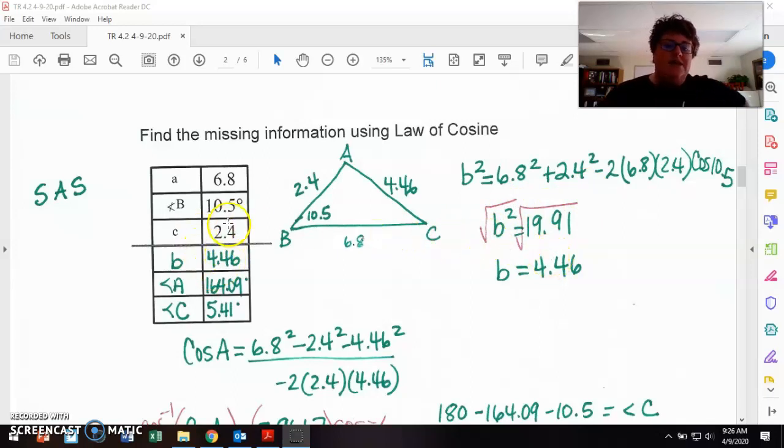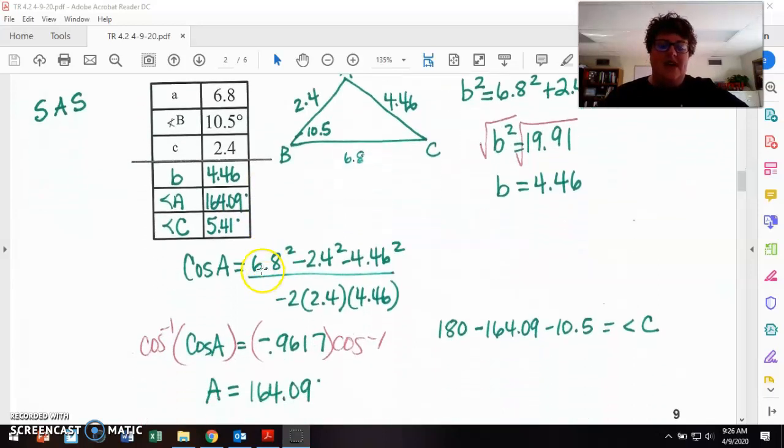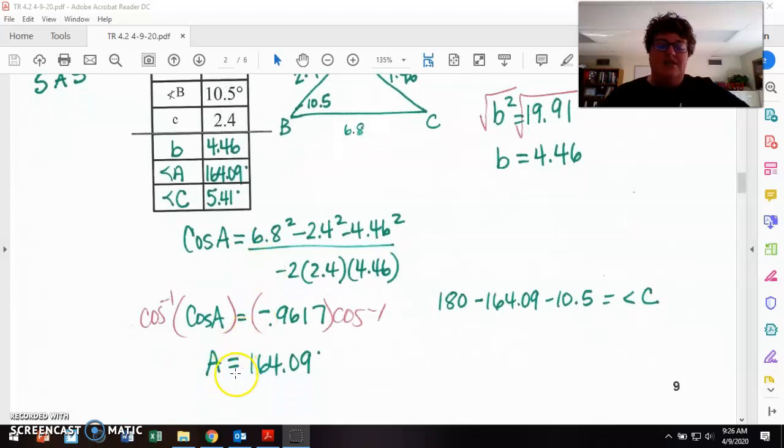And you have all three sides now, but you haven't found your largest angle yet, because your largest angle should correspond with A. So you want to make sure and find your largest angle using law of cosines. So the cosine of A, and we get our largest angle to be 164.09. And then you can subtract from 180 to get your C.